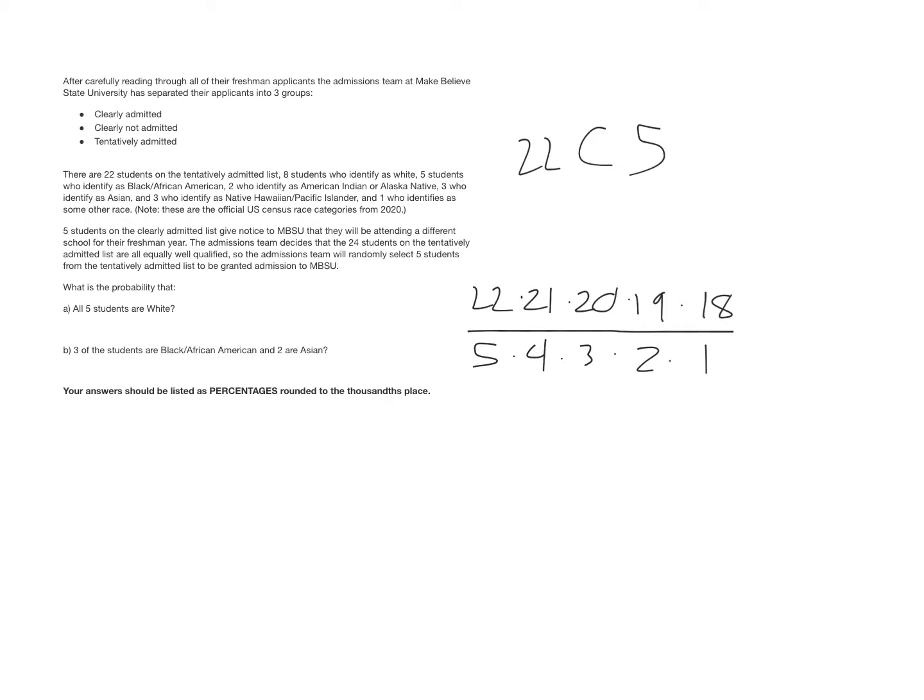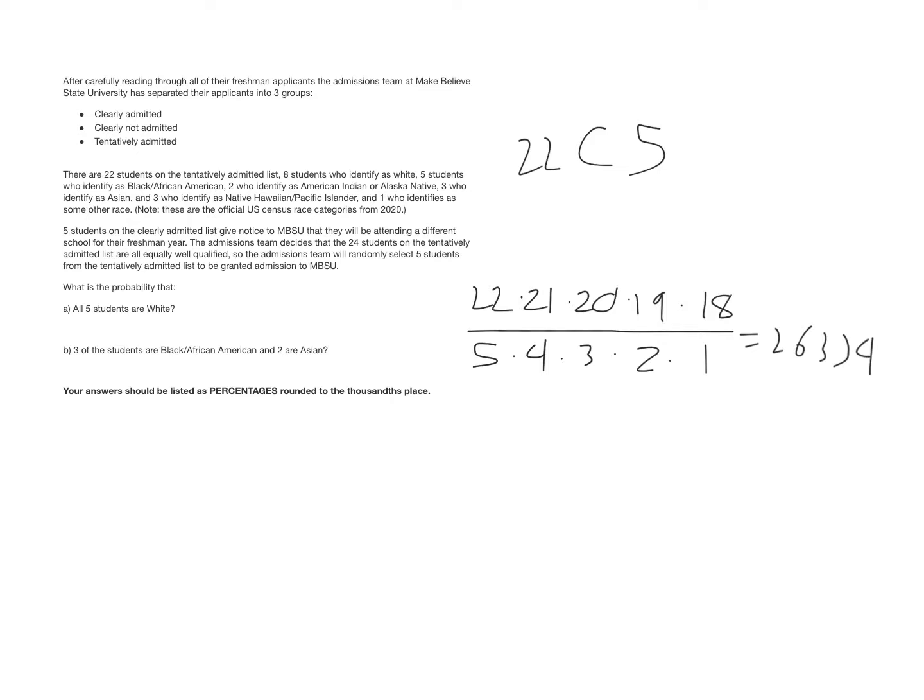This is the number of ways I can put 5 people in order, so I divide out any reordering of the same 5 people, and I get my answer: 26,334. That's the number of ways I can choose 5 students out of my pool of 22.